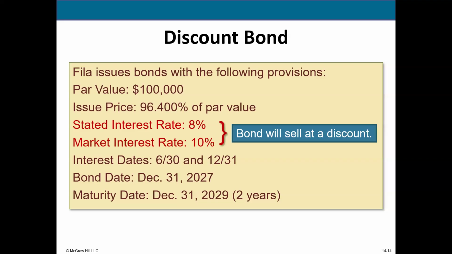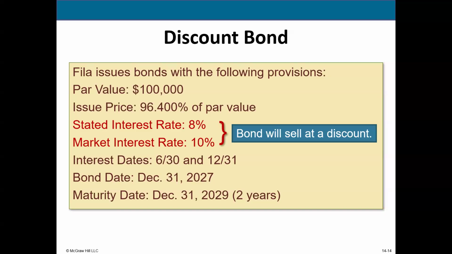We assume that the market interest rate at the time that the bond was issued is 10%. So this implies that we are selling the bond below the market rate, which means we're selling it at a discount.